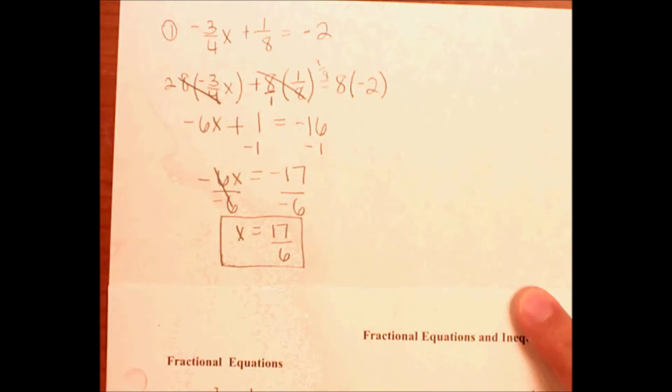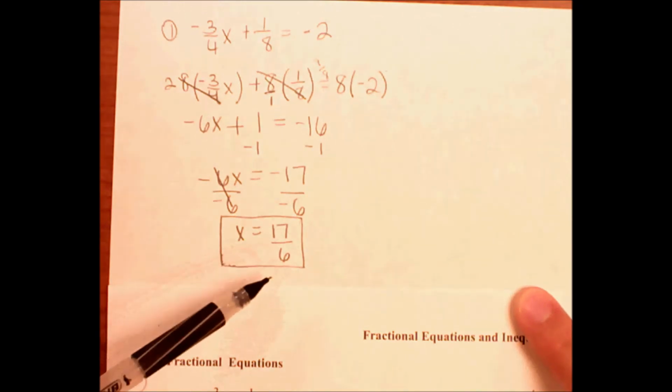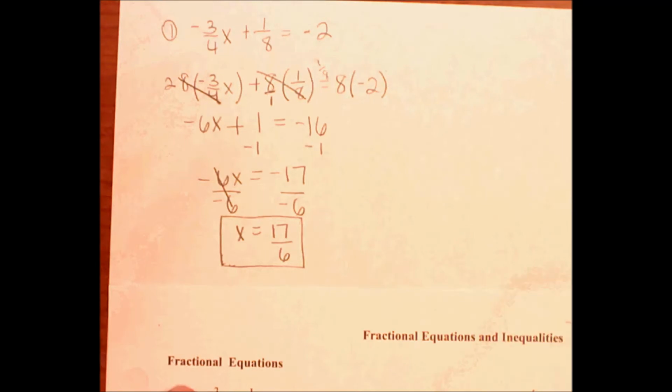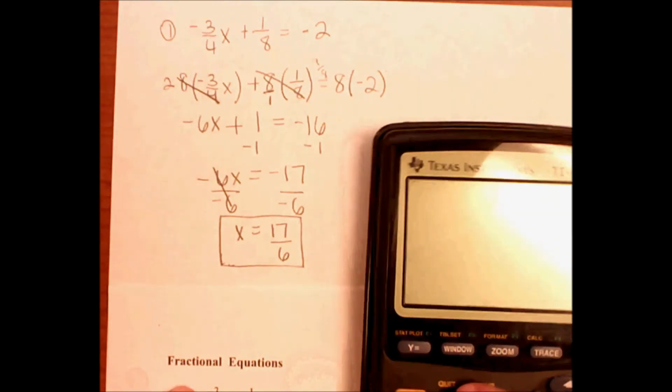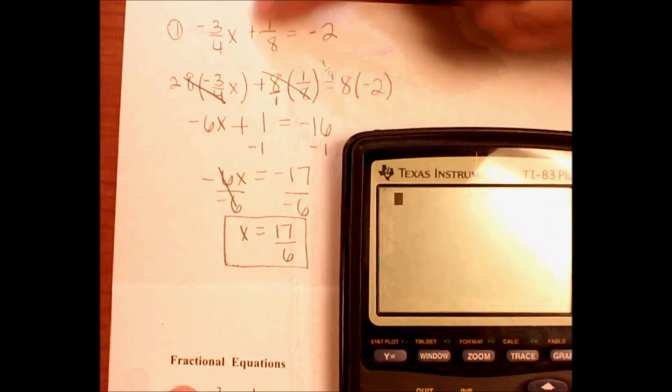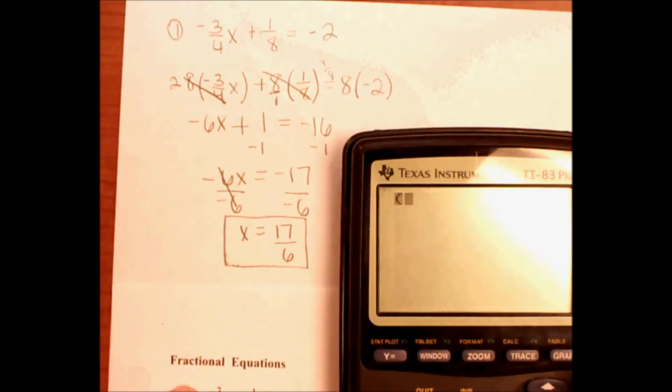Okay, so when you're working with fractions, you may look at this answer and say, I don't know if this is right. What can you do? You can plug it in. So if I take my calculator, turn it on, I do this first part right here, negative 3 divided by 4, I'm sorry, we got to multiply that by 17/6.